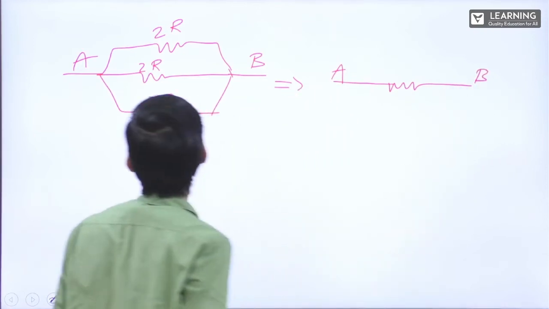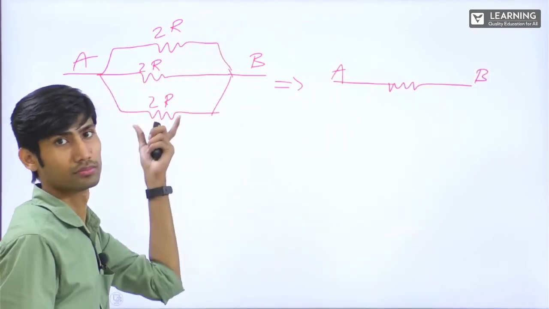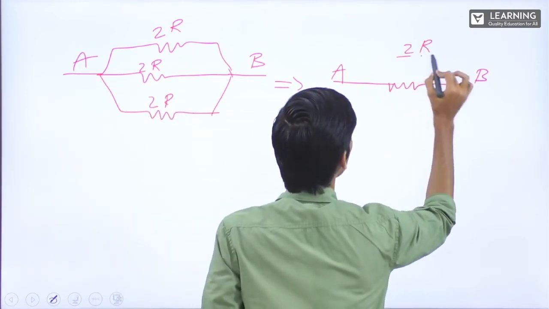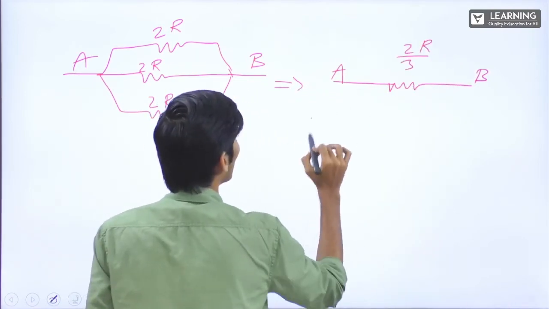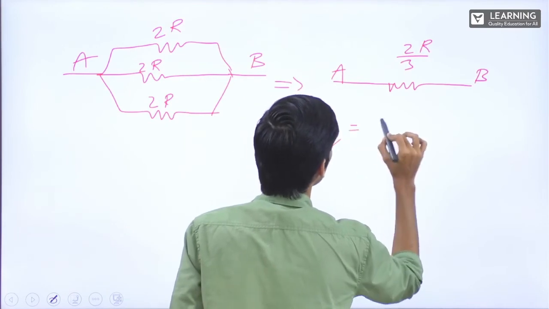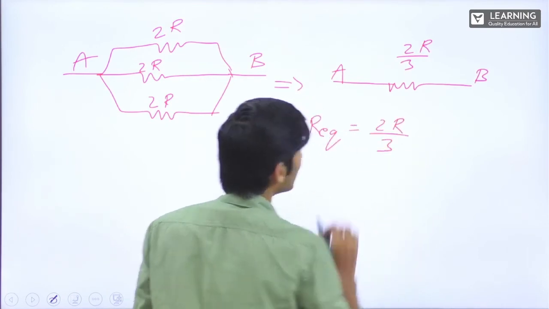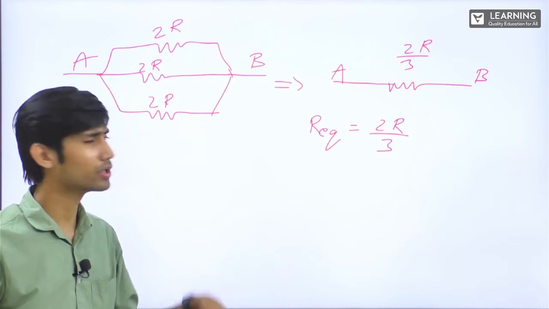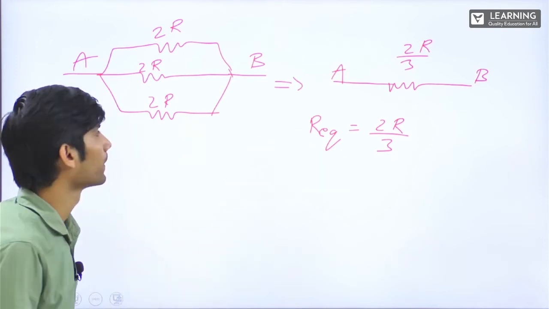What will it be? 2R, 2R, 2R in parallel, by 3, right? R equivalent is equal to 2R by 3. If you want, solve it: 1 by 2R, 1 by 2R, 1 by 2R, that's 3 by 2R. That's 2R by 3. That's the answer.